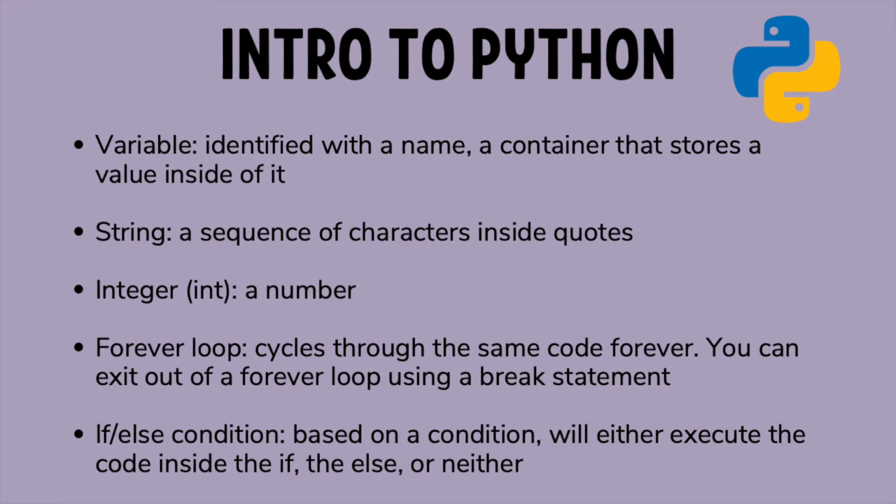You can think of it as saying, if condition 1 is true, then execute code A. Otherwise, execute code B. You can also have an else if, denoted in Python as ELIF. It can be used to say, if condition 1 is true, then execute code A. Otherwise, if condition 2 is true, execute code B. You can use else if with a standard if-else to say, if condition 1 is true, then execute code A. Otherwise, if condition 2 is true, execute code B. Otherwise, execute code C.